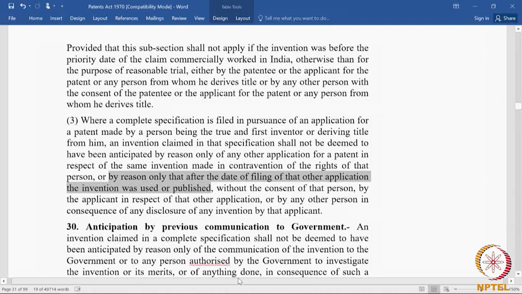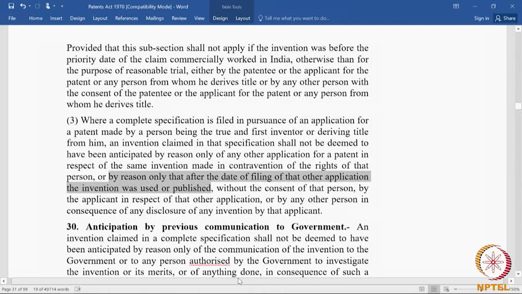The second situation is application A is filed in January, sometime in March or in April, the invention is either used or the application is published without the consent of the person. So, here is a case that applicant B's application was filed in October, applicant A who contravenes the right of applicant B, application A is filed in January, but in March and April there has been a use or a publication.